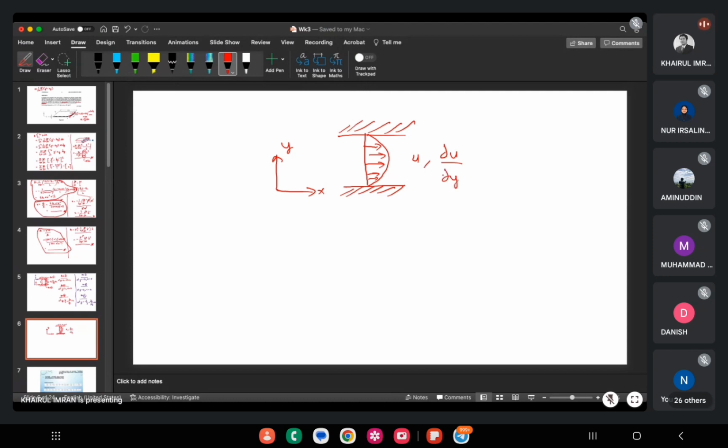Del U over del Y. So U is 0, 2, 4, 6, 4, 2, 0. Understand? 0 velocity, 2 velocity, 4 velocity, 6 maximum, 4, 2, 0. So U changes with respect to Y. That's why del U over del Y is not equal to 0.